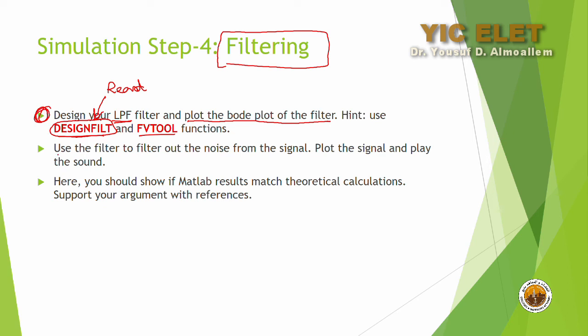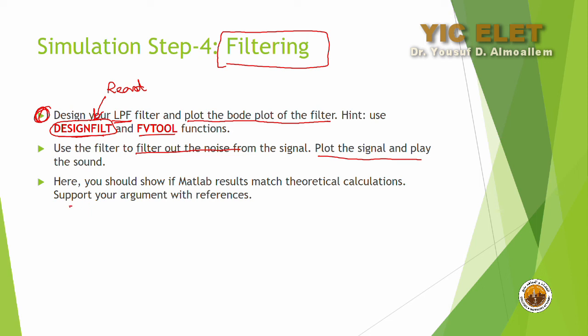Then the second one is to use the filter that you designed here to filter out the noise, and then plot the signals and play. So after you filter the noise, you need to play your sound and listen to it, and plot your signals and look at how it has changed in the time and frequency domains. Here you should show if the Matlab results match the theoretical calculation.